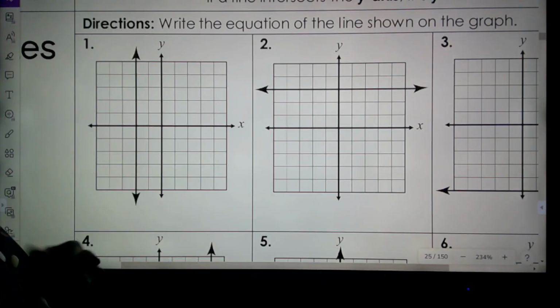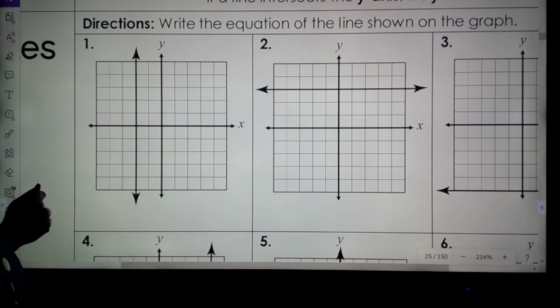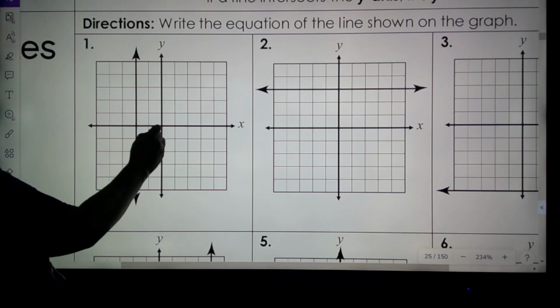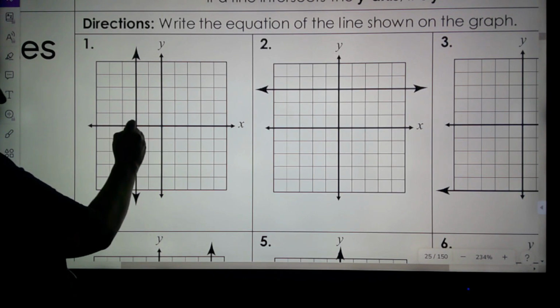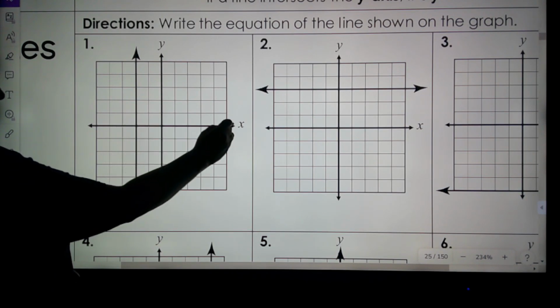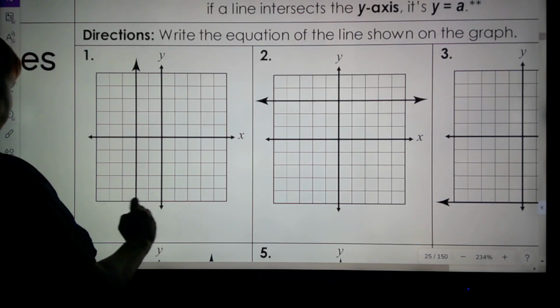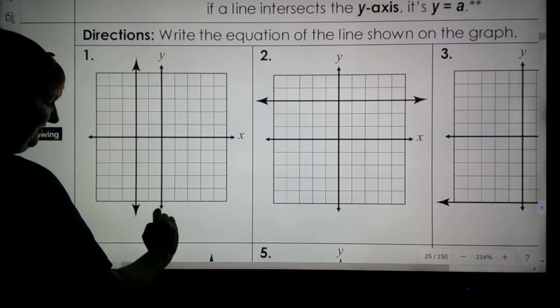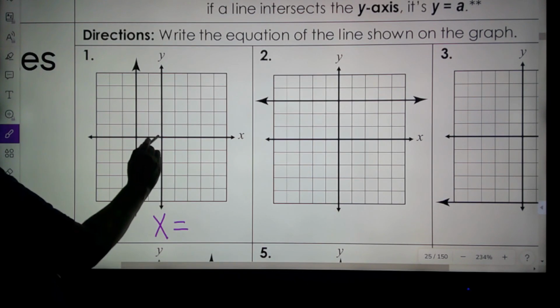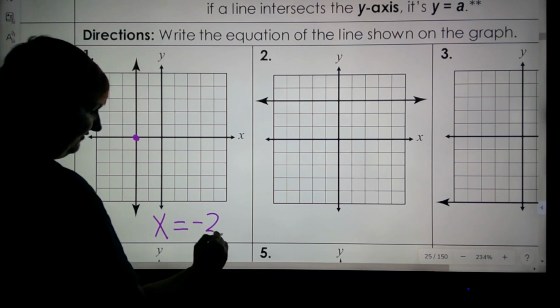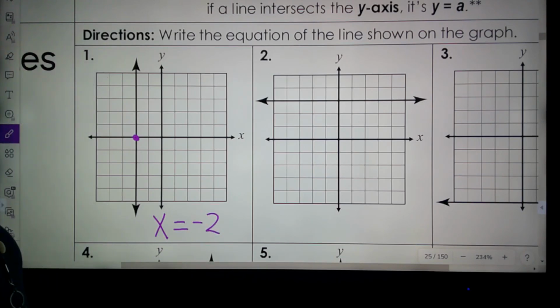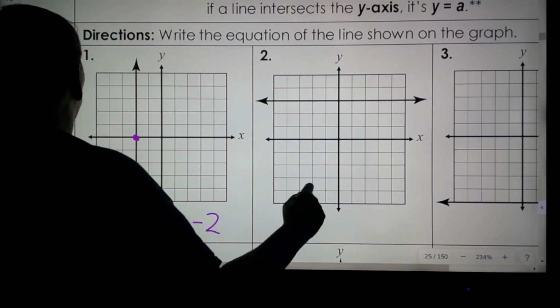Now, to figure out the equation, you find the origin, and then you count to where it crosses that axis. This crosses the x-axis, so you put x. It crosses the x-axis at -2. That's it.